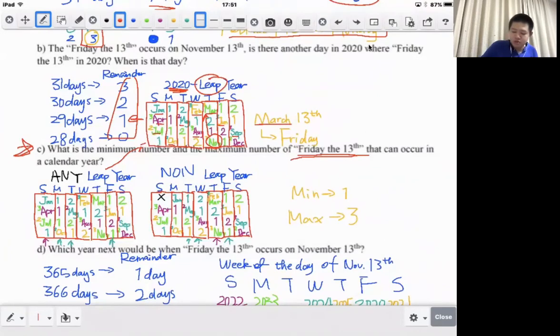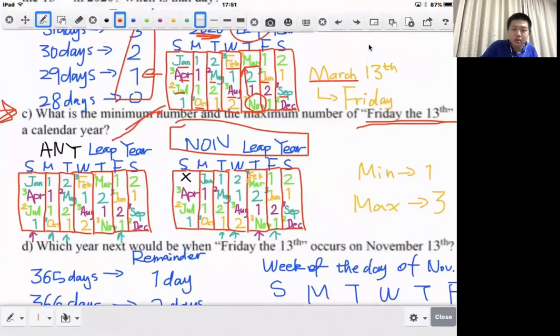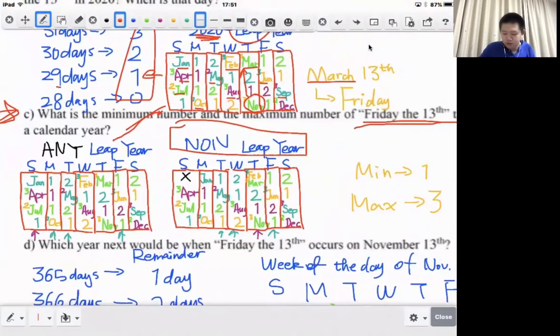Also, in this case, you need to consider the non-leap year because there are years which are not leap years. In that case, you don't really need to make many changes because if you're having a non-leap year, you're having 28 days for February, so it will not push backwards.